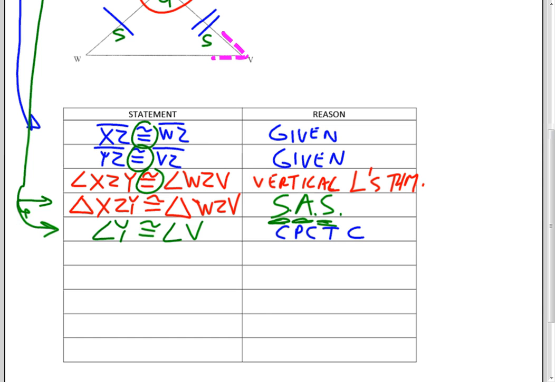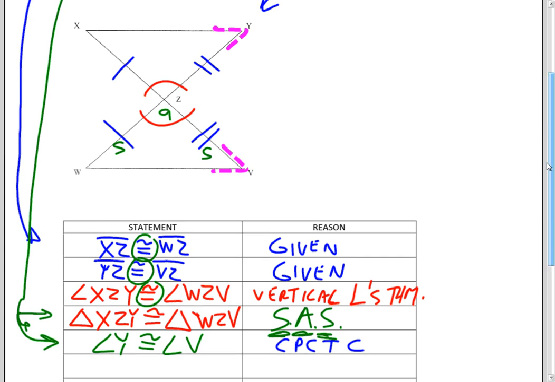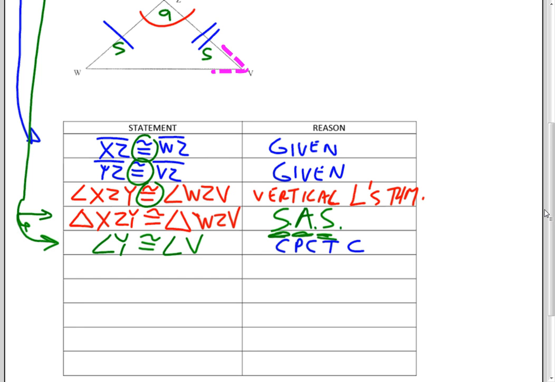Since we said the triangles are the same, every single corresponding part must be the same. Does Y correspond to V? Yes, it does. That's the CP part. Do we have congruent triangles on the line before? Yes. That's the CT part. And then the last part is what we're actually saying, that they're congruent.